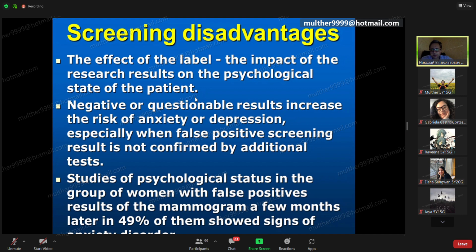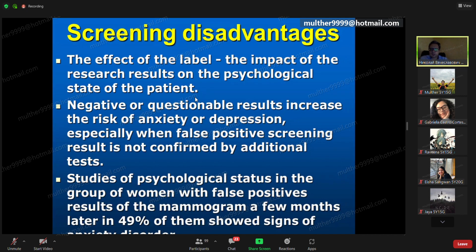For example, false positive results of cancer confirmation can increase the risk of patients' anxiety or depression, especially when a false positive screening test is not confirmed by an additional test.